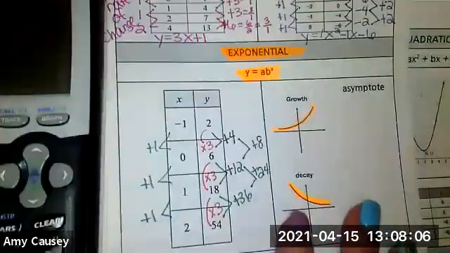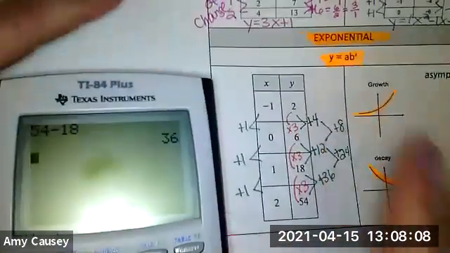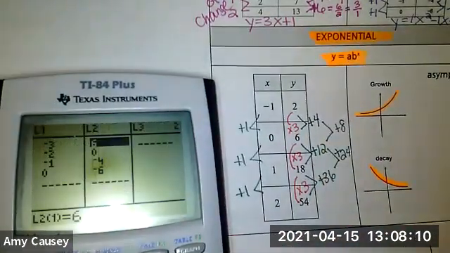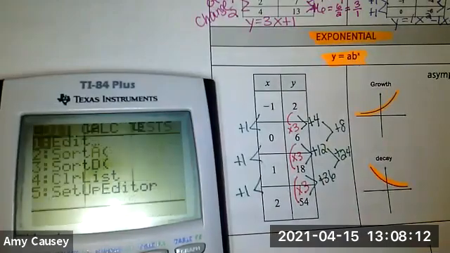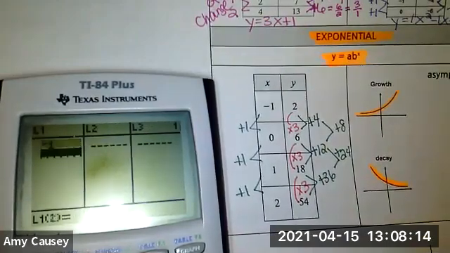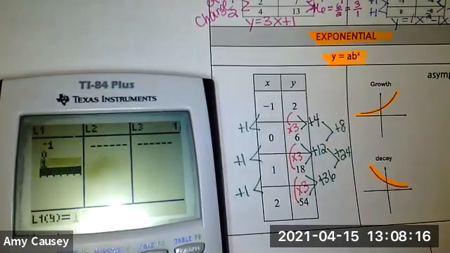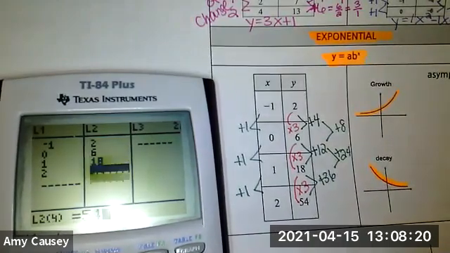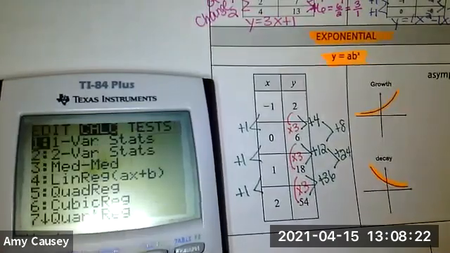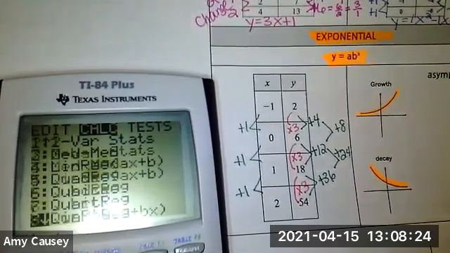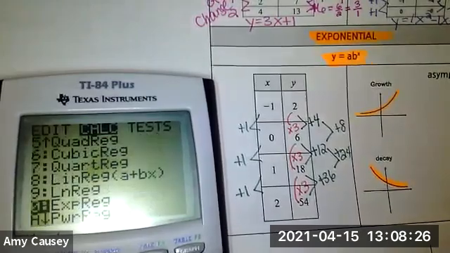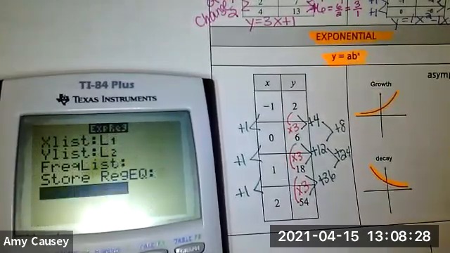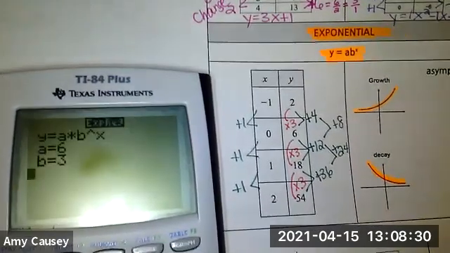This way I know that if I type these numbers into my calculator, -1, 0, 1, 2, and 2, 6, 18, 54, when I stat calc, I need to make sure I do exponential and calculate that equation.